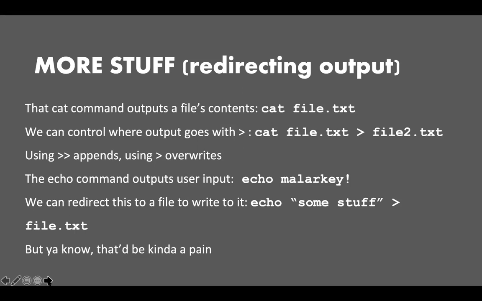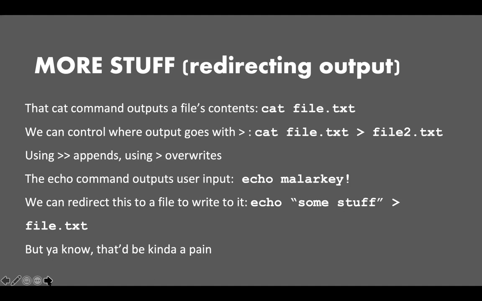And what you can actually do is control where this output goes using the greater than symbol. So if you do cat file.txt greater than file2.txt, that outputs the data from file.txt to file2.txt. Using two greater than symbols will append to the file, but a single greater than symbol will overwrite it.